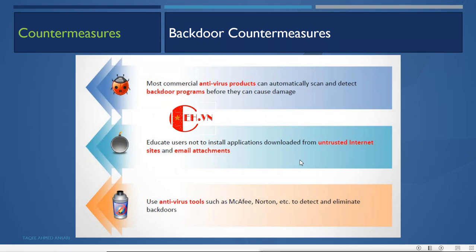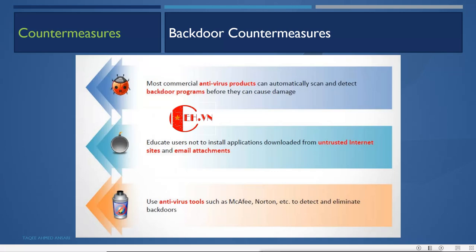No matter how much security and antivirus you deploy, if the user does this, you can't prevent it. So you have to educate users not to install those softwares and not to open attachments from untrusted sources. Use antivirus tools such as McAfee, Norton, etc. to detect and eliminate the backdoors.